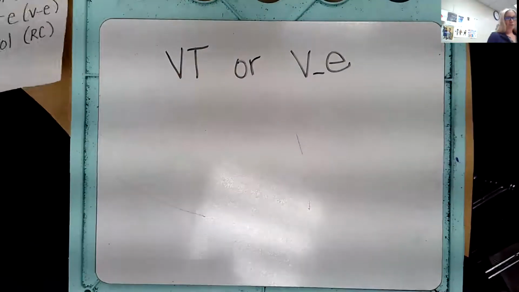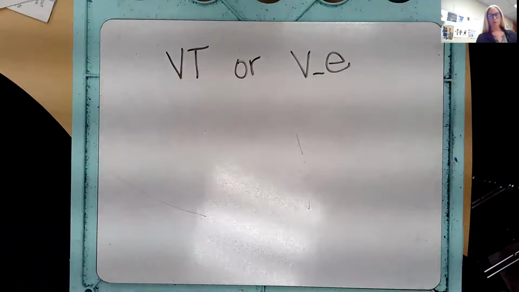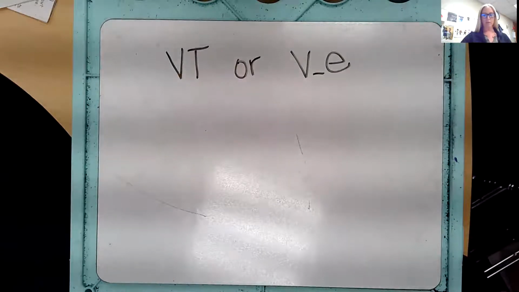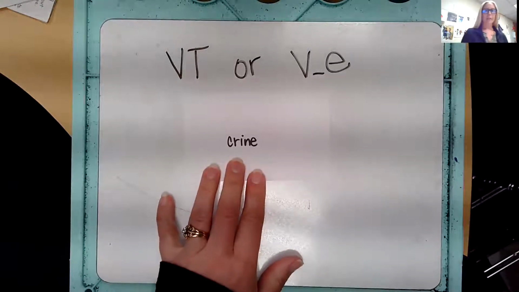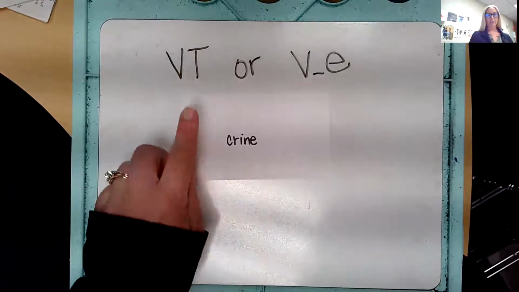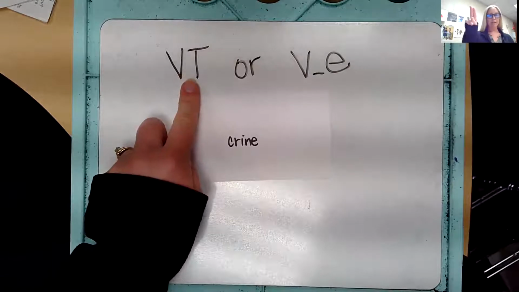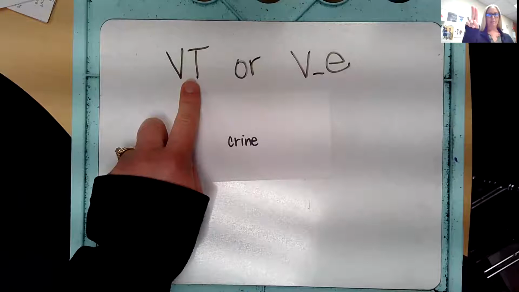So let's take a look first at 2 different words. These are make-believe words, but we can read them anyways. Here's my first word. First I want you to think, is this a vowel team? Remember, 2 vowels right together that make a sound.